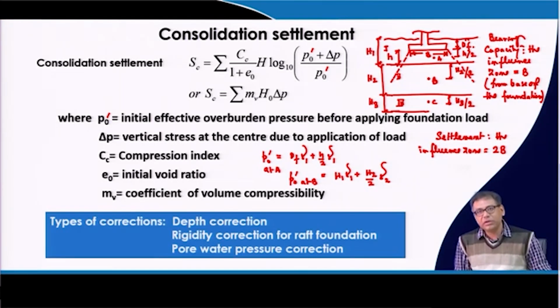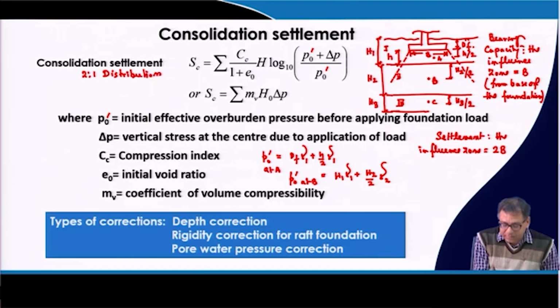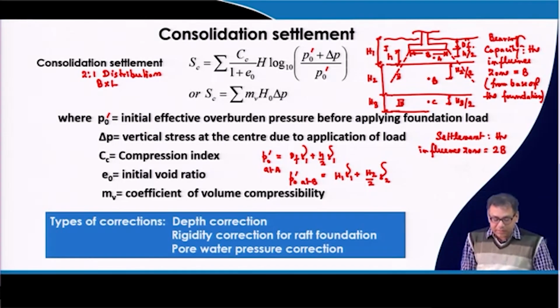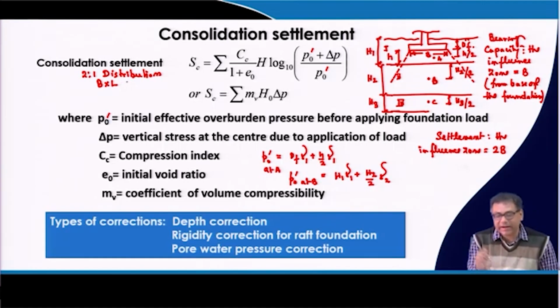Okay? 2:1 distribution. So, suppose you have a footing dimension of B cross L, and you have a stress q acting at the base of the footing.